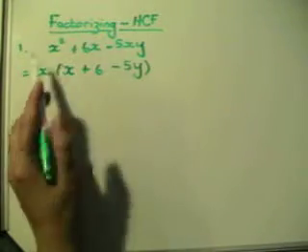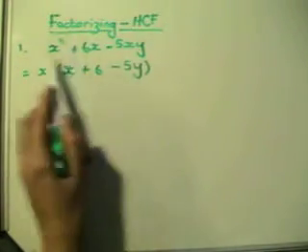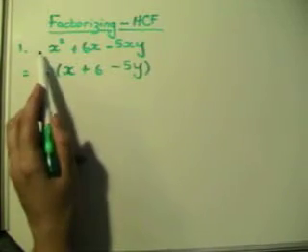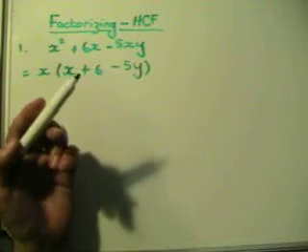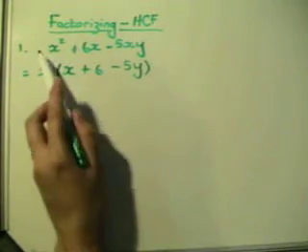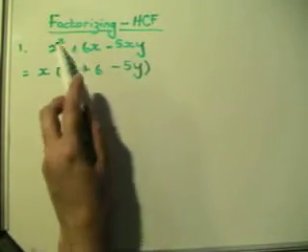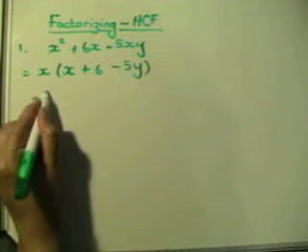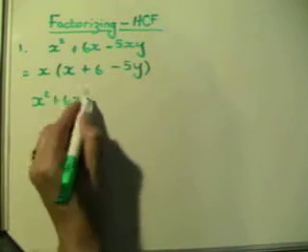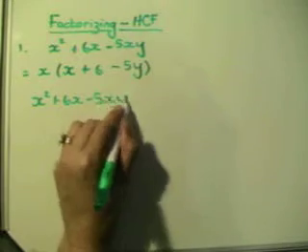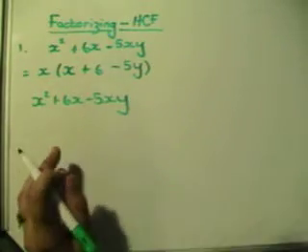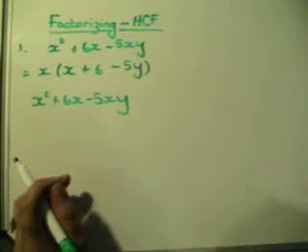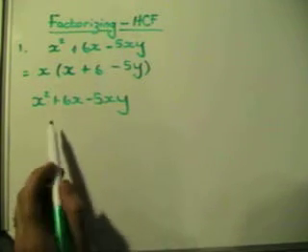Another method that you can use is by first writing this as products in terms of the highest common factor. So if I have this sentence, x squared plus 6x minus 5xy, this would be the baby step to start taking out the highest common factor if you still struggle a little bit with this.